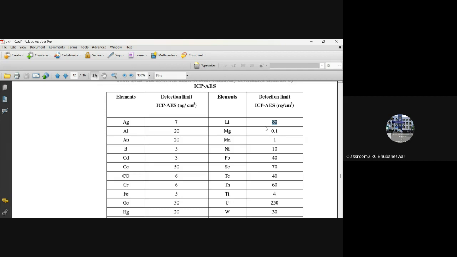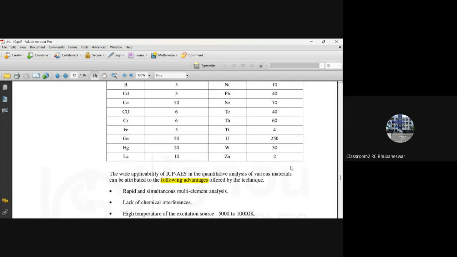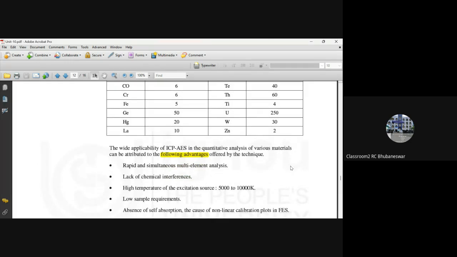If you want to study magnesium, you have to see what the detection limit is through ICP-AES, what the detection limit is in AAS, what the detection limit is in fluorescence spectroscopy, and which is better, always go for that. Then the other parts will automatically be taken care of.